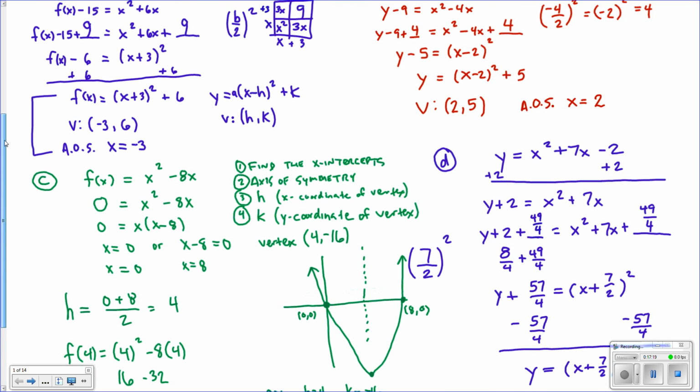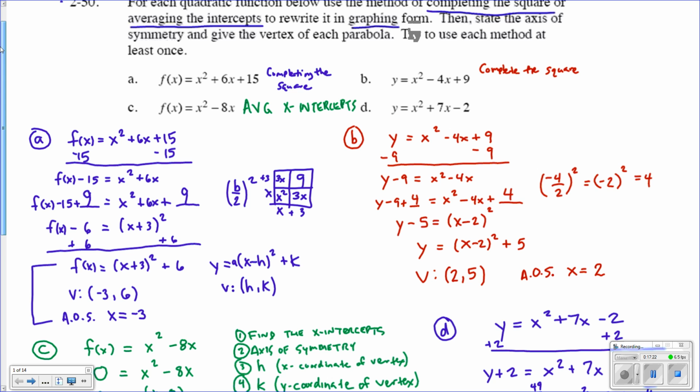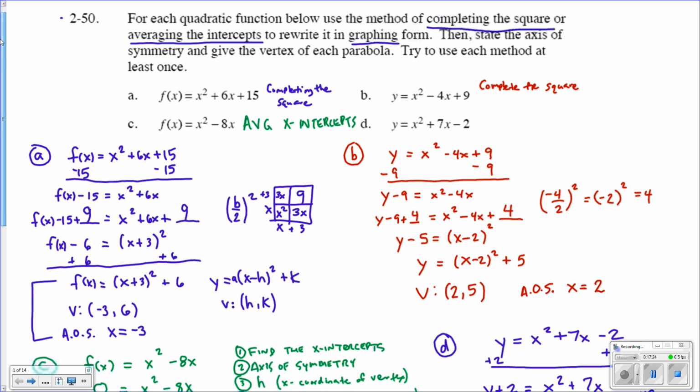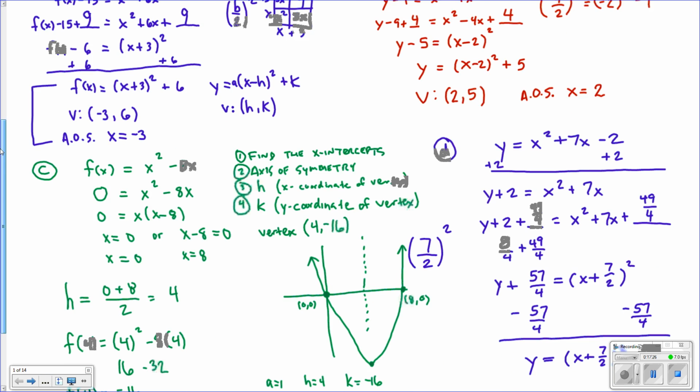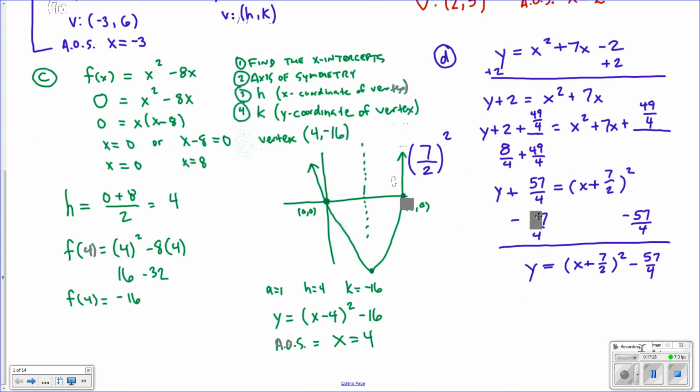And remember, our directions up here state that we need to also get our vertex and our axis of symmetry equation. So our axis of symmetry would come from the x-coordinate of the vertex. The x-coordinate of the vertex is going to be the opposite of this number, so negative 7 halves. And the y-coordinate is negative 57 fourths.